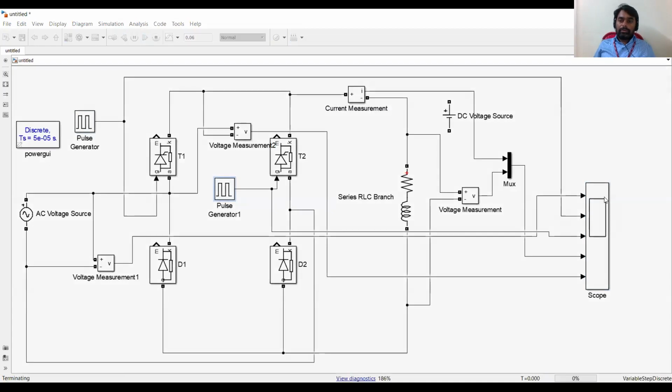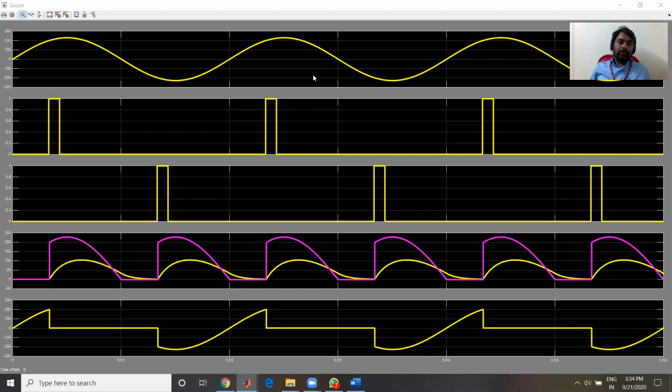Now if I double click on the scope, I can see the waveforms. Right, now you can see here it is 60, varying angle 60, which is given to T1.